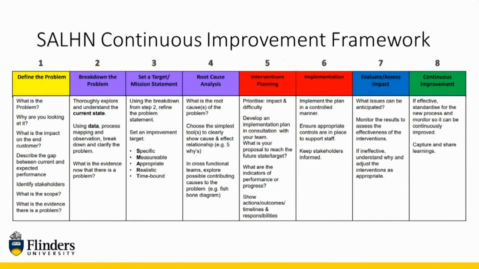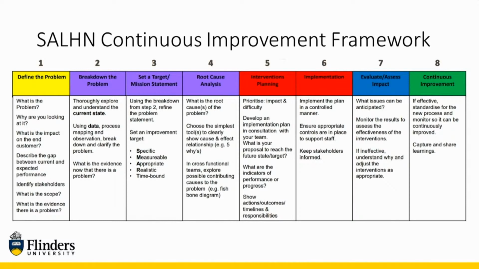And the reason I bring that up is because there's well-established frameworks for quality improvement, continuous improvement, that we've kind of used as a basis for thinking about how we could use economic evaluation in a local health service setting. So here's the SALIN continuous improvement framework.